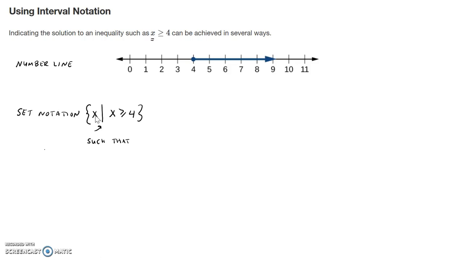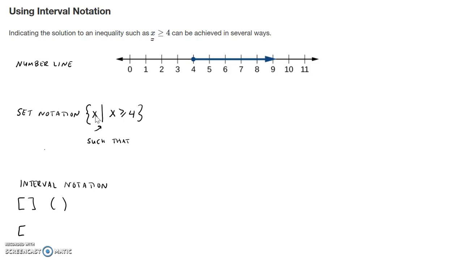And then our third way to represent it is going to be using interval notation. Interval notation is going to be using a set of brackets and parentheses, and it depends on if the number is included or not. So let's talk about this real quick.